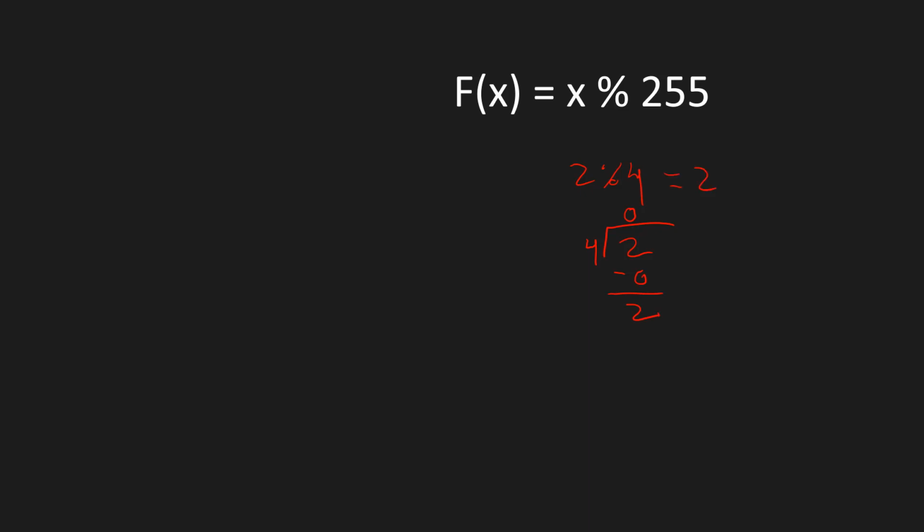The same happens with the number 3, but with the number 4, things change, because 4 divided by 4 is equal to 1. 1 times 4 is equal to 4, minus 4 is 0. So notice that the return resets the values back, so that they're always within the range that goes from 0 to whatever number you have here, minus 1.